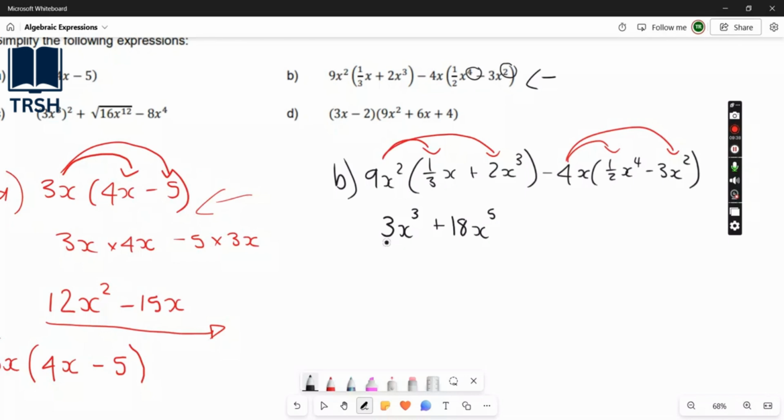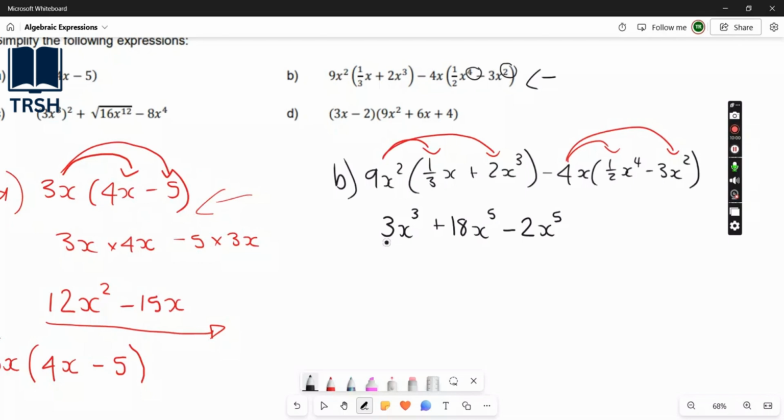So that's for this term. Now we move on to the next part. Next part, negative 4 multiplied by a half. Remember, you need to take the sign, so that will give us negative 2. And then x and x to the power 4 will give us x to the power of 5.